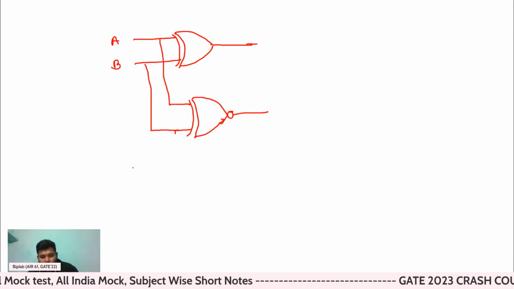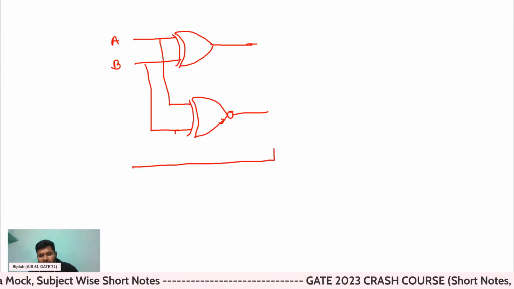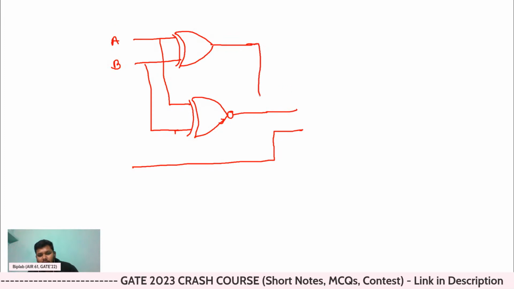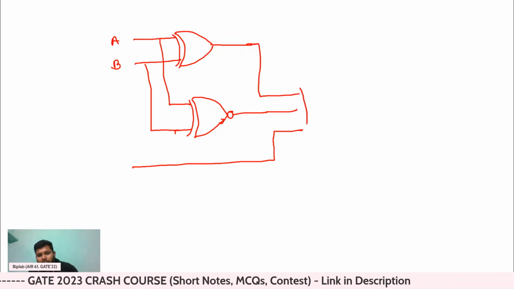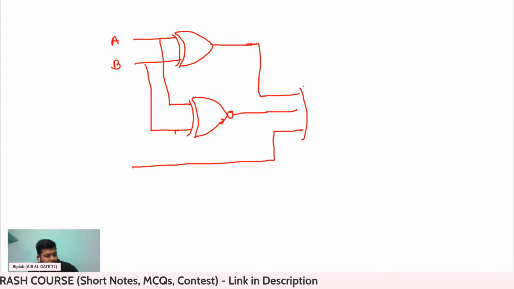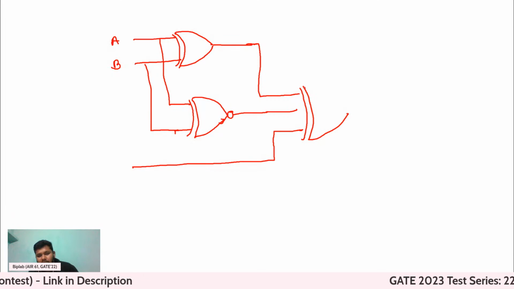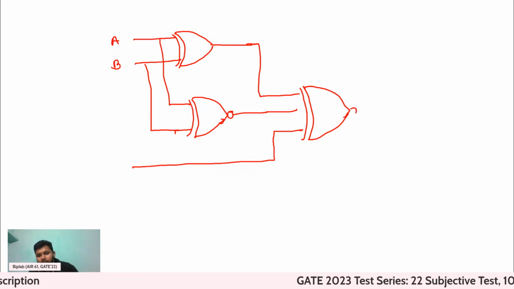And you have another input separately, that is C, which is coming here, and all three go to another XNOR.